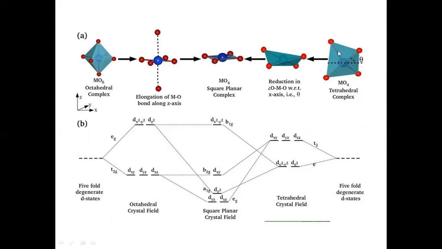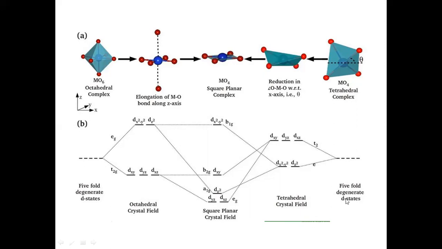And this is a tetrahedral complex, and when the ligands are going towards the xy axis, it is becoming a square planar complex. This is just a modulation of a tetrahedral complex. When z component ligands are removed from an octahedral complex, it becomes a square planar complex.